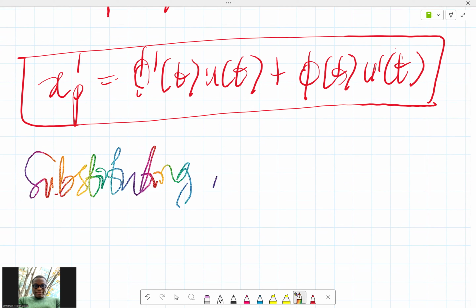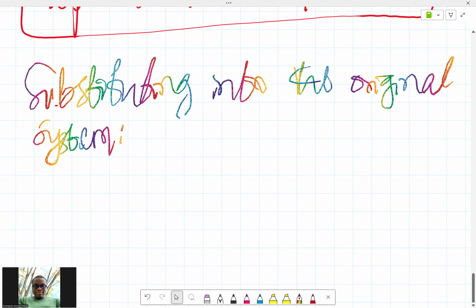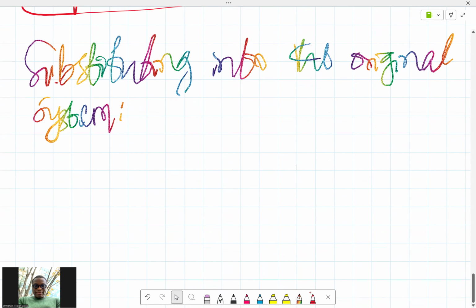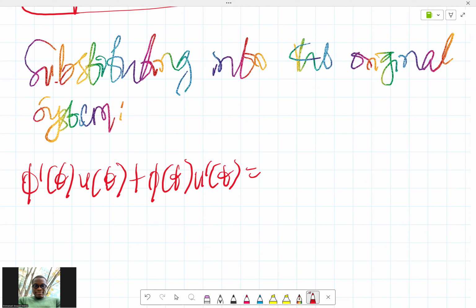So substituting into the original system, this is the derivative here. It means we have phi prime of t u of t plus phi of t u prime of t equals the right-hand side.